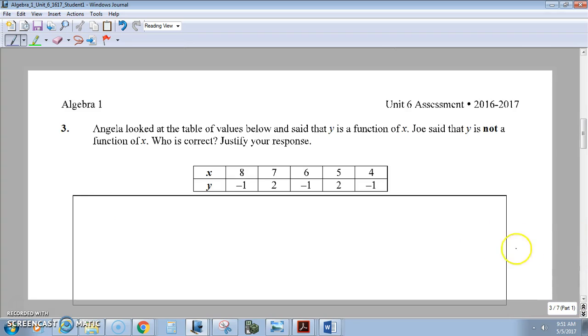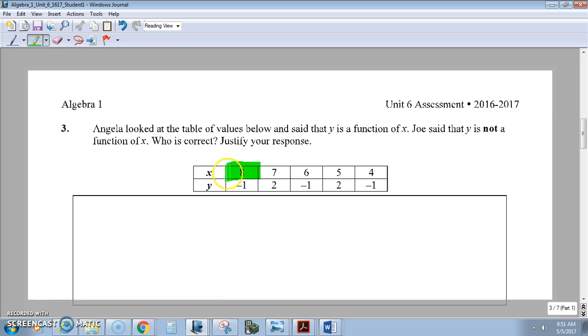All right, question number 3. Who's right? Joe said that y is not a function of x. Angela said that y is a function of x. So which one of these people is right? Remember, in our vending machine, for each input, we can only have one output.